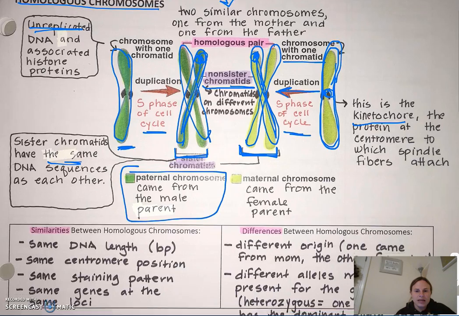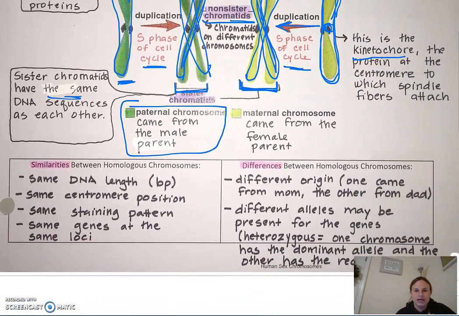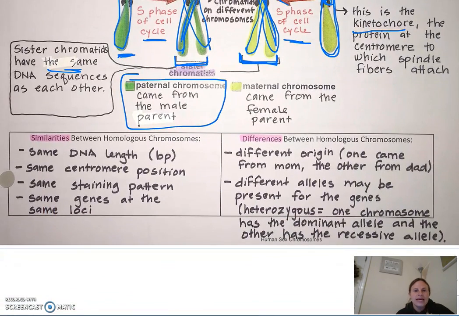Now, some similarities and differences between homologous chromosomes. Each homologous chromosome, the one that came from dad and the one that came from mom, regardless of whether it's replicated or not, has the same length. It has the same base pair length. That's what BP stands for. They have the same centromere positions.